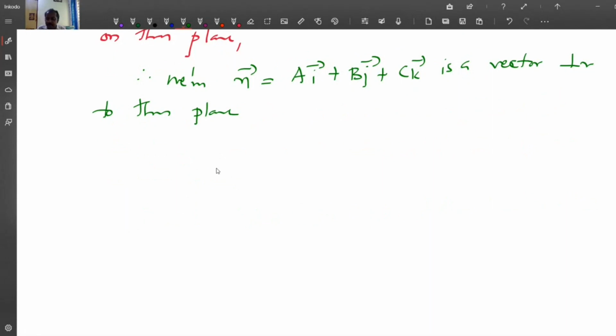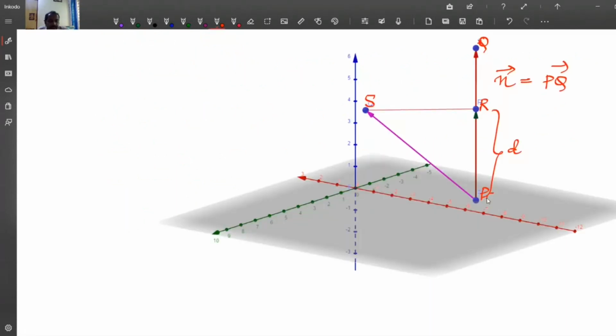So consider the figure. Let P(x0, y0, z0) be a point on the plane, and let the vector n, here it is PQ, be normal to the plane. Suppose that ax plus by plus cz equal to d is the equation of this plane. Then n equals ai plus bj plus ck. We have to find the distance of the point S from the plane.